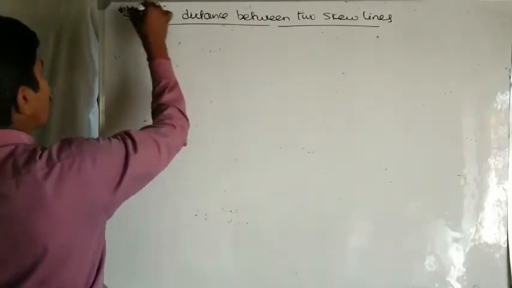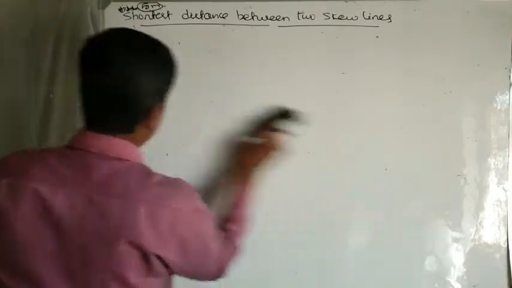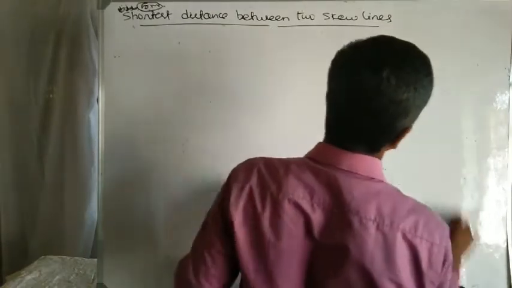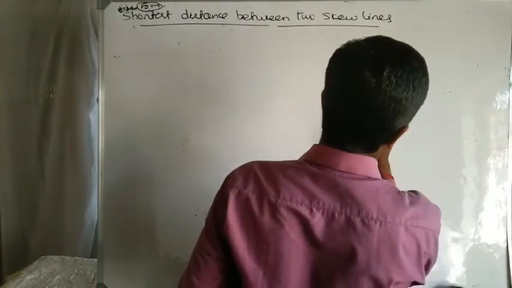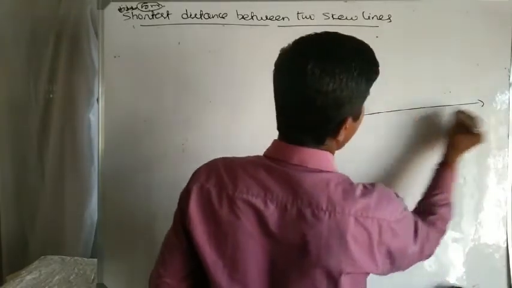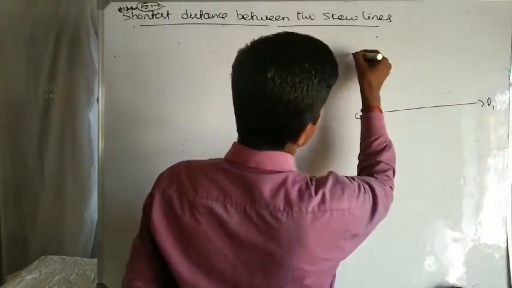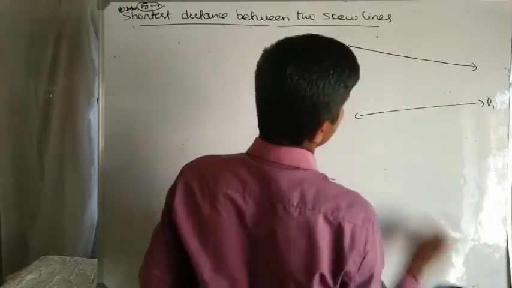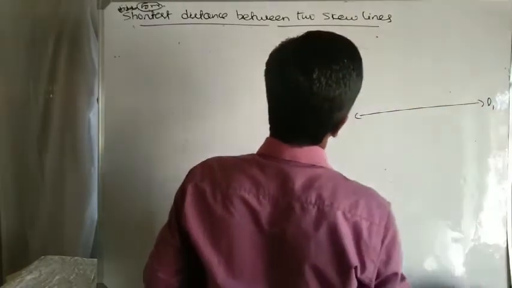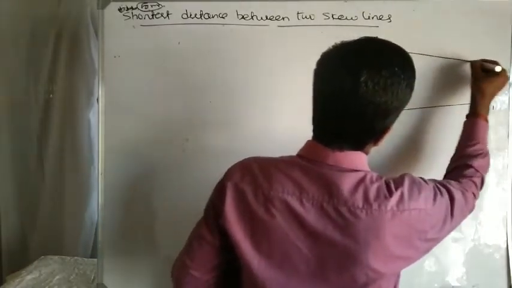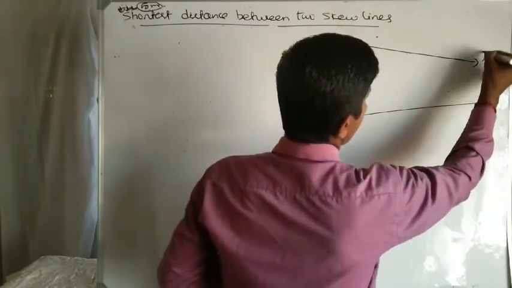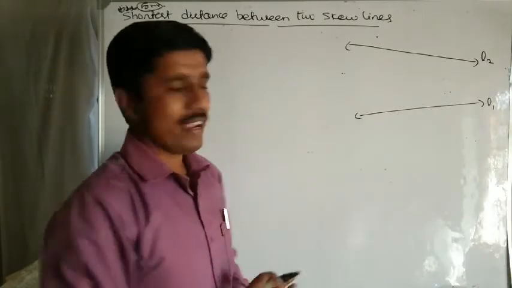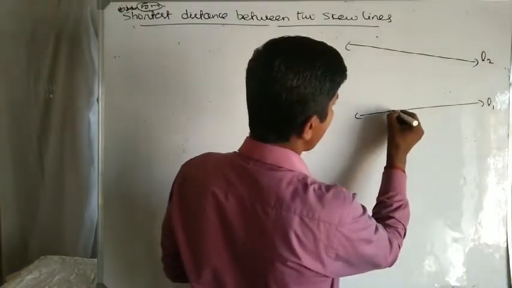Important for finance. Consider two skew lines here. One line L1, another line L2. Let this line pass through some point here.